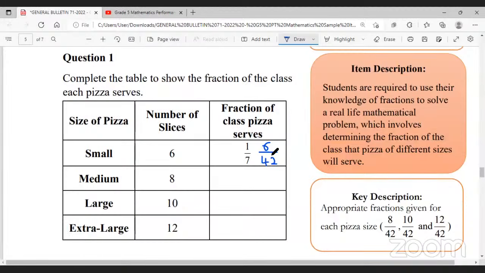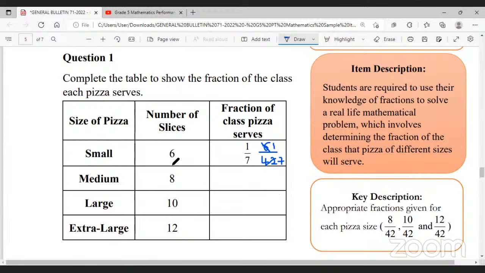We can cross it out, or we can put the division sign and put the 6 there. We're going to cross it out. So 6 into 6 goes 1 time. And 6 into 42 goes 7 times without leaving a remainder. And that's how they got the 1/7.